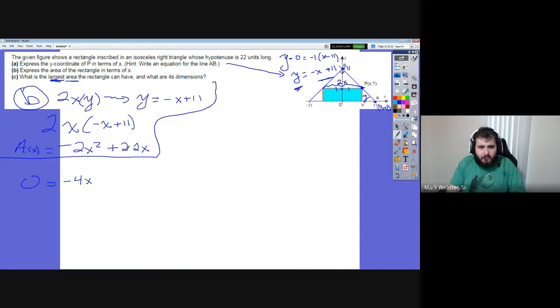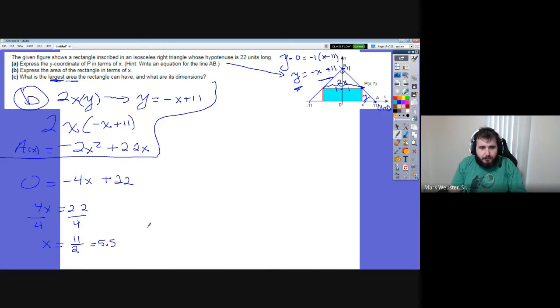The derivative of 22x is just 22. Then I solve for x. I add the 4x to the other side and divide both sides by 4. You can simplify this down to 11 over 2 or 5.5.